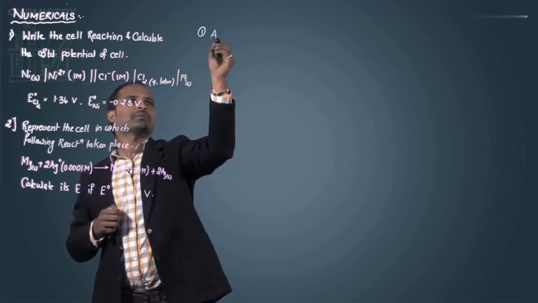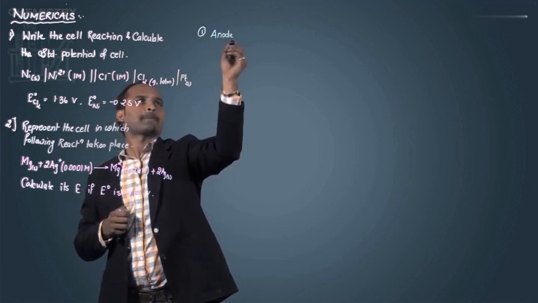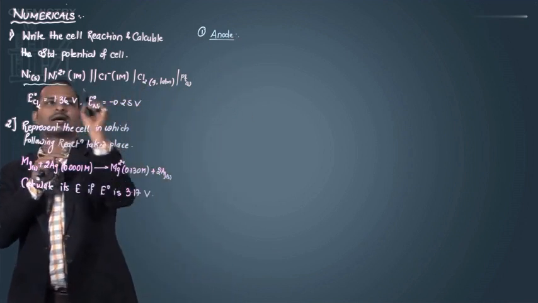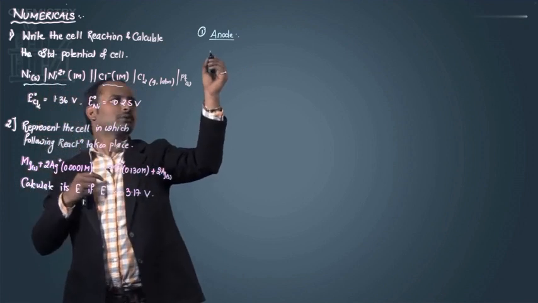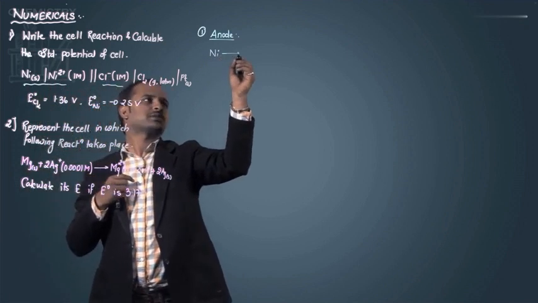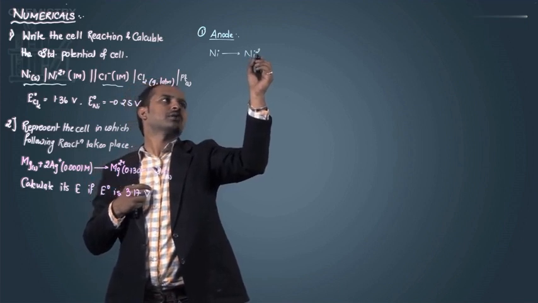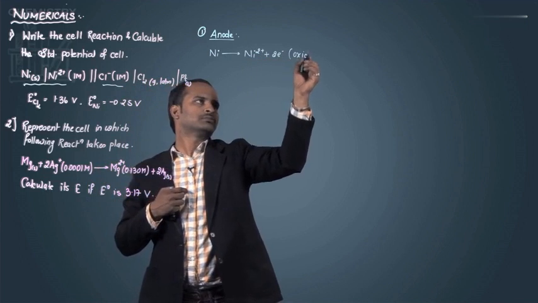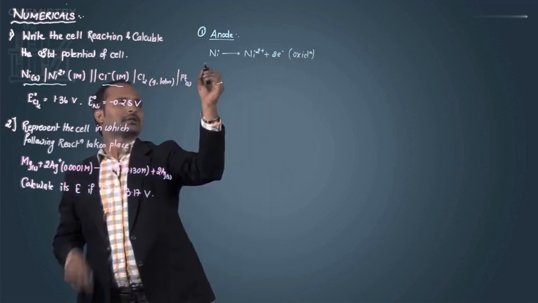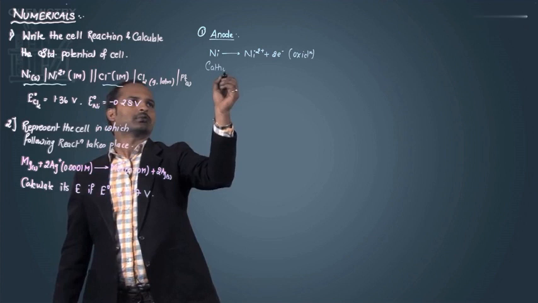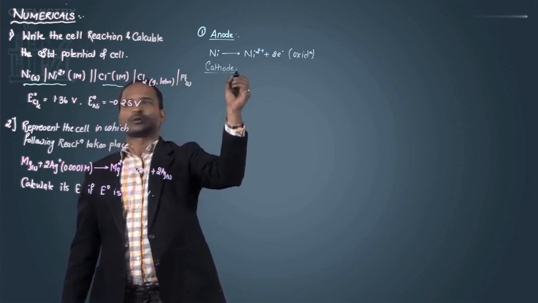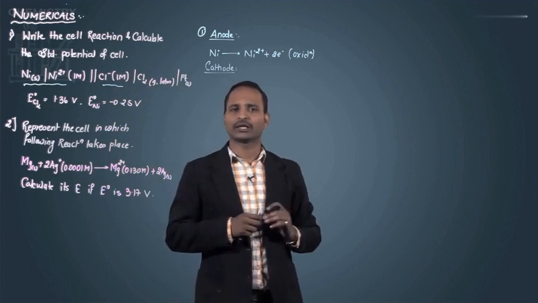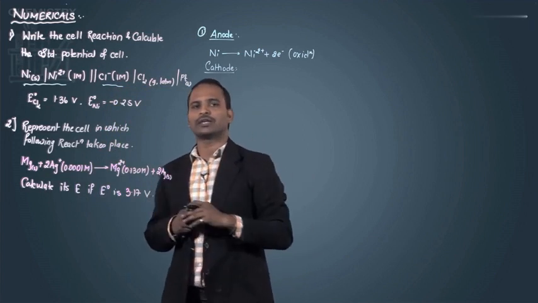First, let's see the reaction taking place on the anode. This is the left hand side of the salt bridge, so it is the anode, and this is the cathode. On the anode it is Ni, oxidation will take place, giving Ni2 plus and 2 electrons. Then the reaction on the cathode: chlorine is acting as the cathode here, and Cl minus has a negative charge, so you write the reaction in the reverse manner.